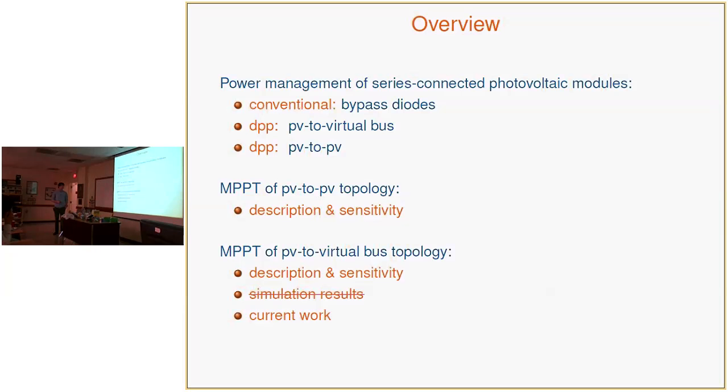And then talk about some of the maximum power point tracking algorithms that have been implemented for differential power processing in the realm of the PV to PV topology. And then talk about some of the work that I've been doing for trying to implement maximum power point tracking on my topology.